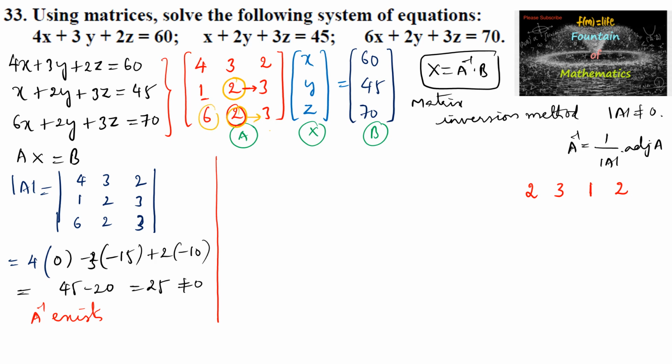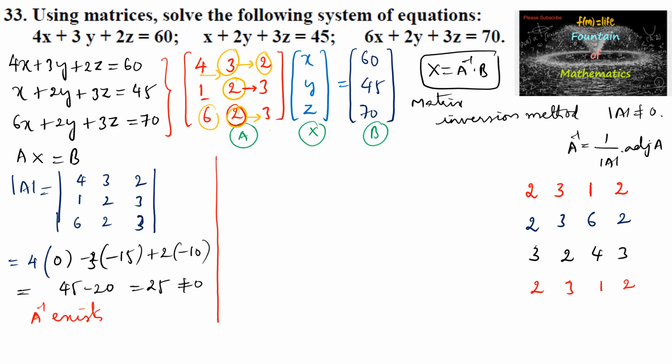So we can write here 2, 3, 6 and 2, and coming to the first row again 3, 2 and again 4 and then 3. So I can write here 3, 2, 4 and again 3, and again come back with the same numbers 2, 3, 1, 2, second row second column.